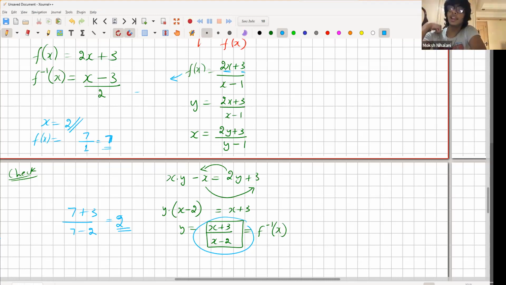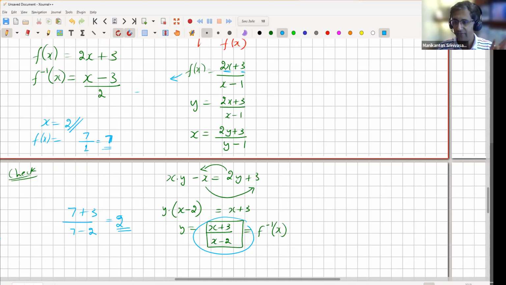Moksh, question. Firstly, if the initial f of x is a many-to-one function, then f inverse of x won't exist. So how will you know when f inverse of x exists and when it won't? Good question. We can still calculate f inverse of x, but does it make sense?